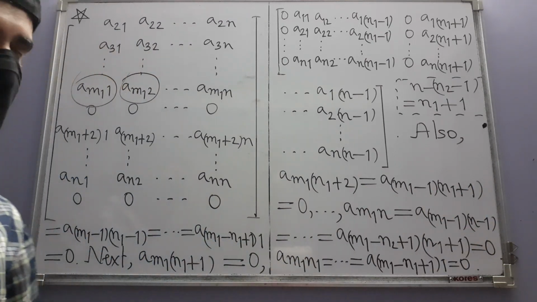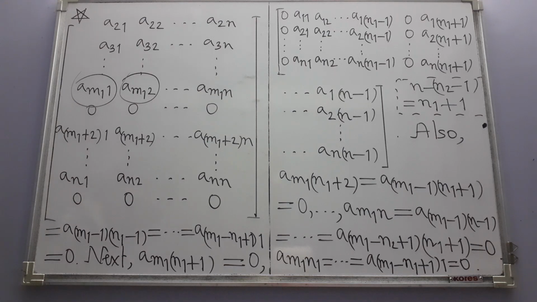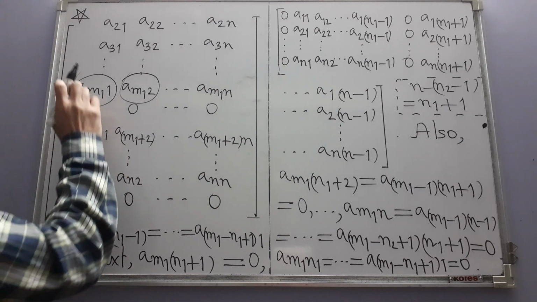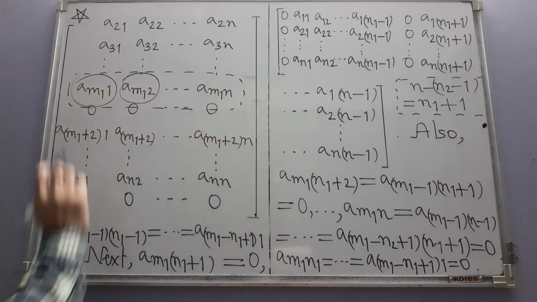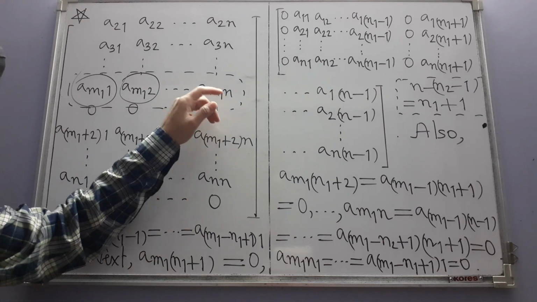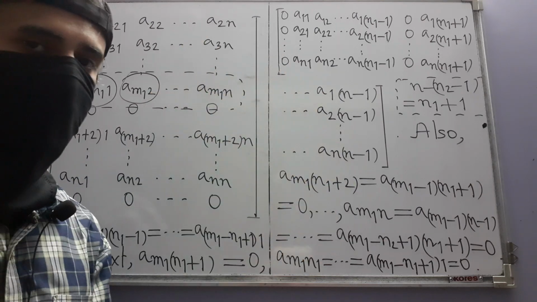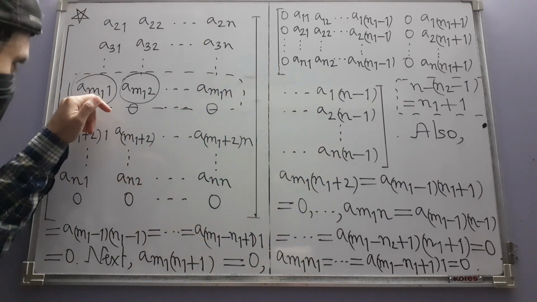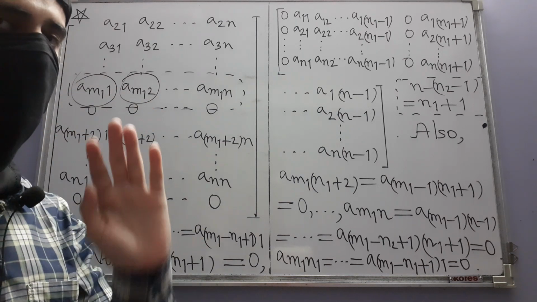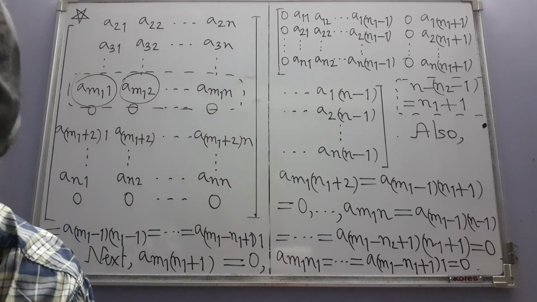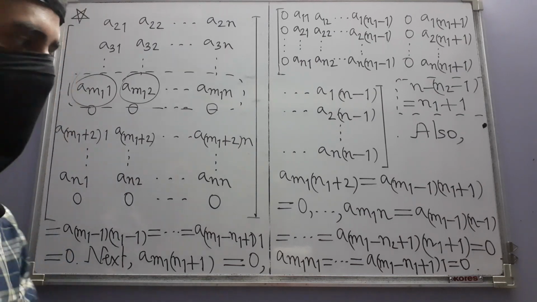So what does that tell us? All these things tell us that this row, not in this matrix, think of it in the original matrix A, where it is really the row m1, consists of all 0 entries. In fact, let's write that.